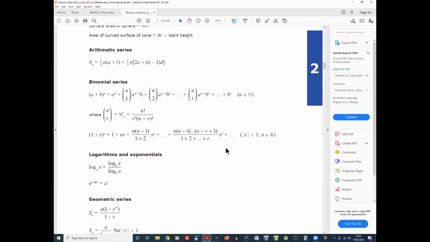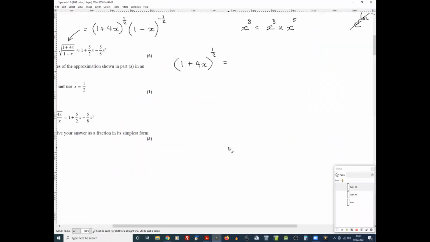Take a number less than 1, say a half. The more you raise it, as n increases, what happens to the result? The smaller it gets. It gets smaller and smaller. Now that will be the case for any number less than 1.